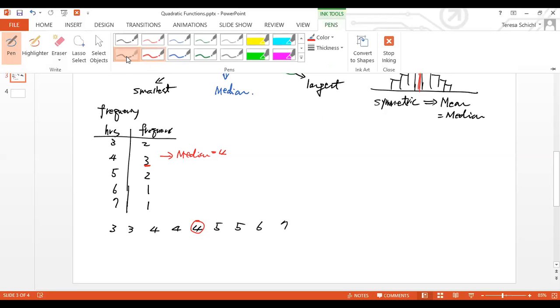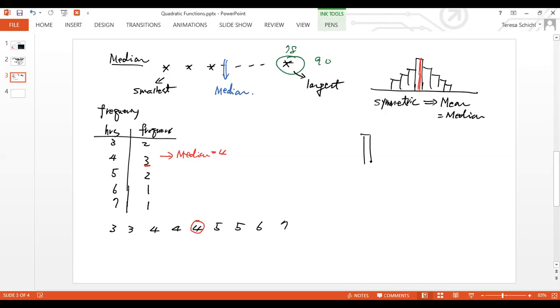How about if you have a distribution like this? This type of distribution has a tail, right? So we say this is skewed to the right.